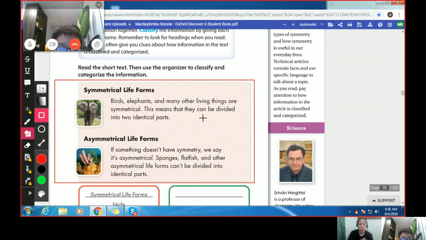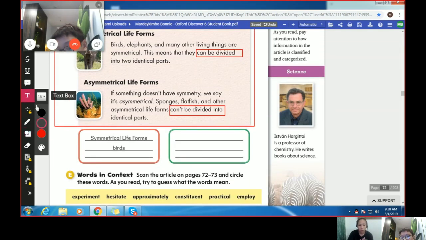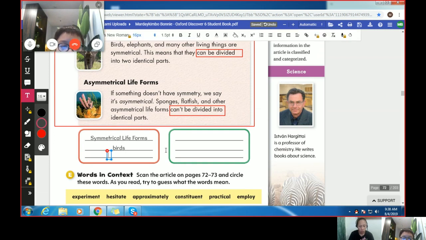Okay, very good. So just remember when you say symmetrical, they can be divided into two identical parts. Asymmetrical can't be divided into two identical parts. Okay, so let's put them into categories. Symmetrical life forms, example is birds. What else? Elephants. Okay, what about asymmetrical?